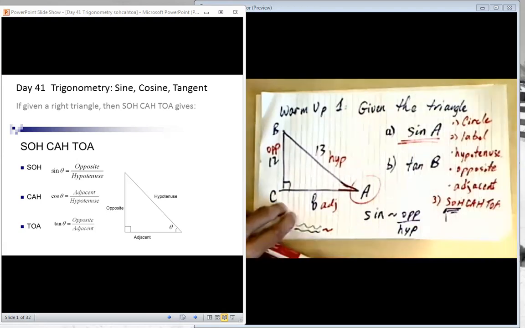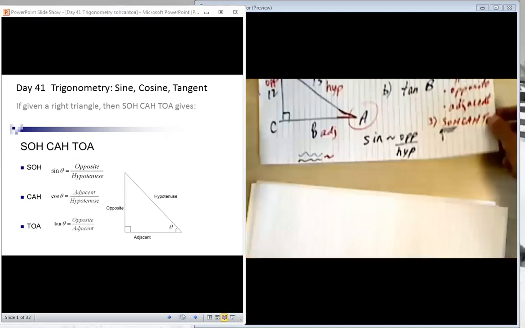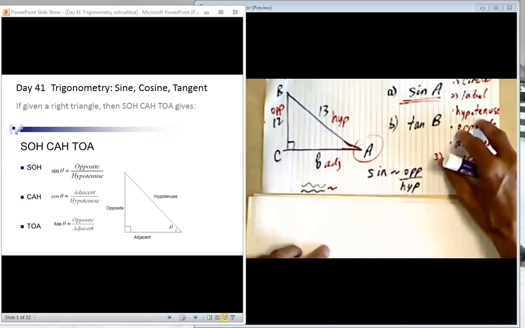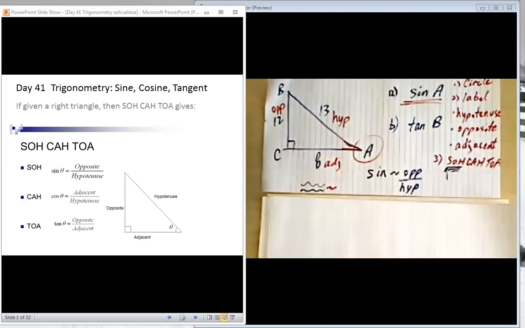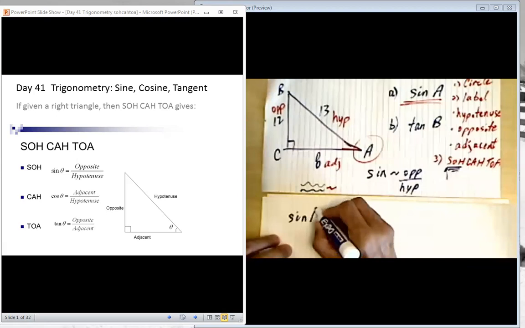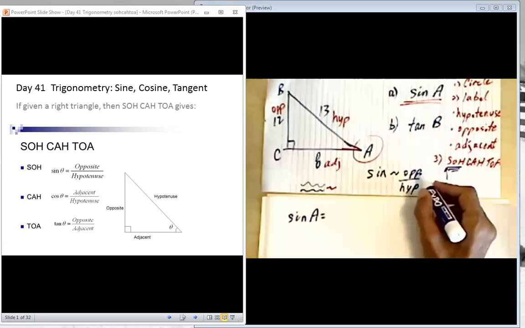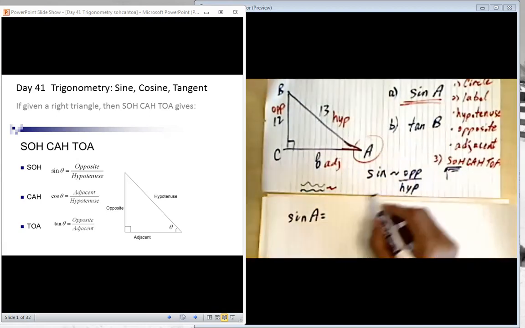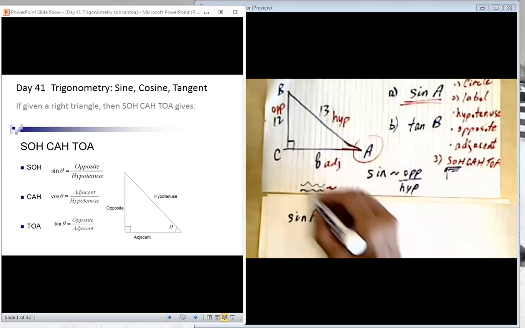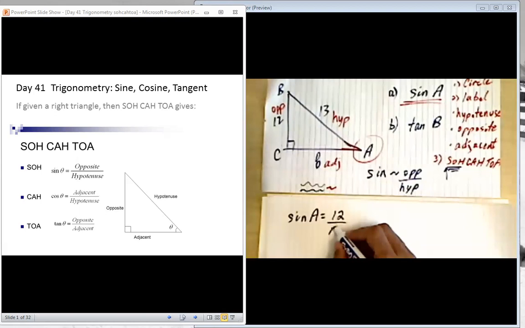Okay, well, that's good. We just update it now for this particular question. And the update looks like this. Sine of the angle that we're working on, A, equals the opposite side, which is 12, and then over the hypotenuse, divided by 13.